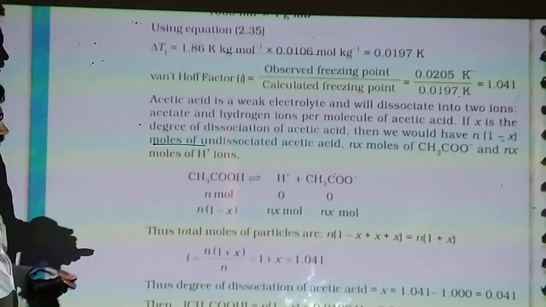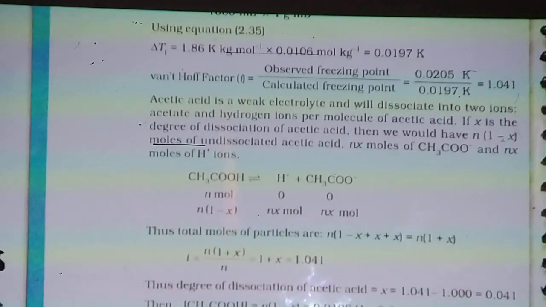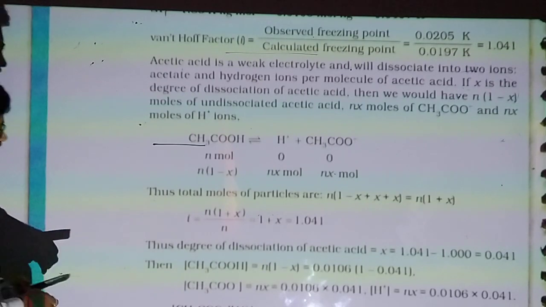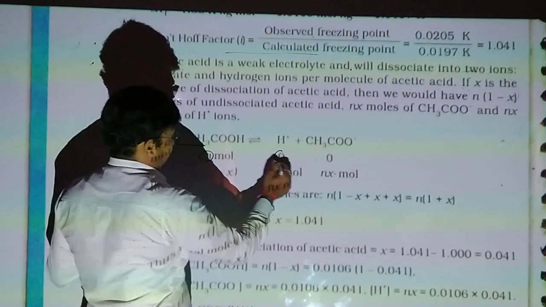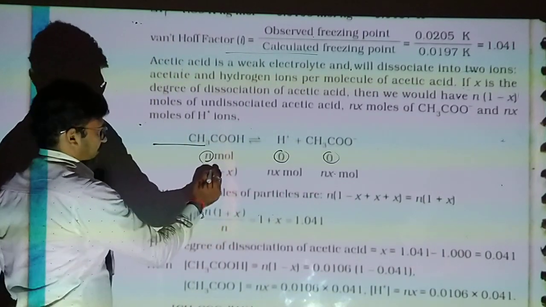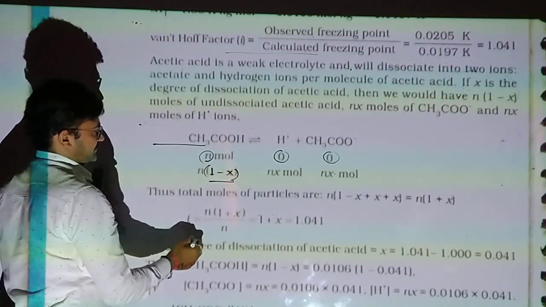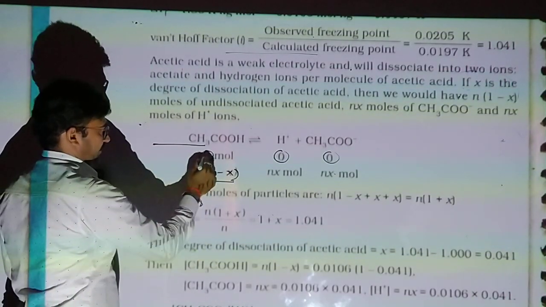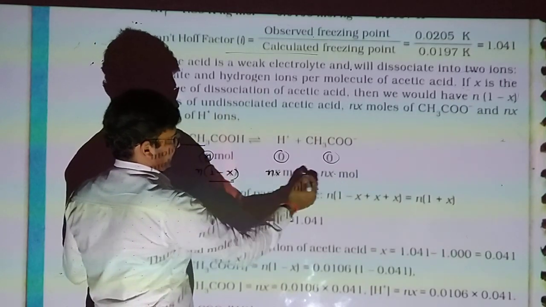Two ions you can see, H plus and acetate ion. If x is the degree of dissociation, suppose acetic acid is n mole. Initially 0, 0. One part minus x part dissociates. So remaining is 1 minus x. So here nx, nx.